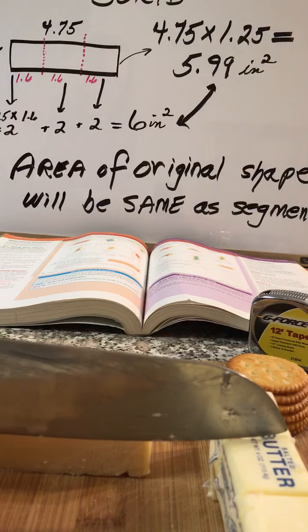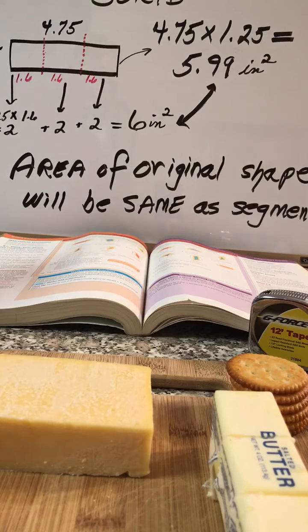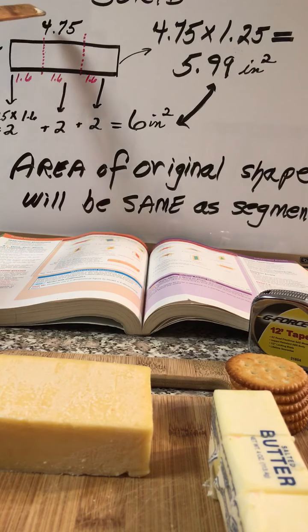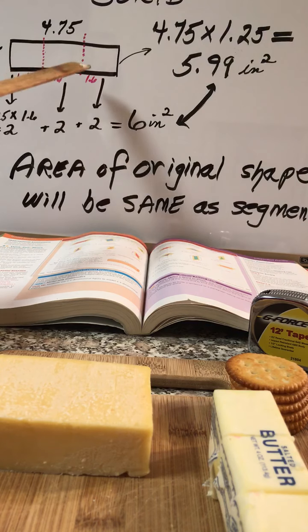Each piece, once we slice, is 1.6 inches. I demonstrated up here. If you look at the board, here's our block of butter. It's 4.75 inches by 1.25 inches, and each segment is 1.6 inches by 1.25 each way.